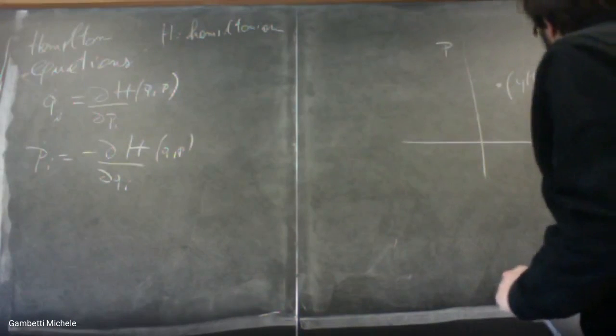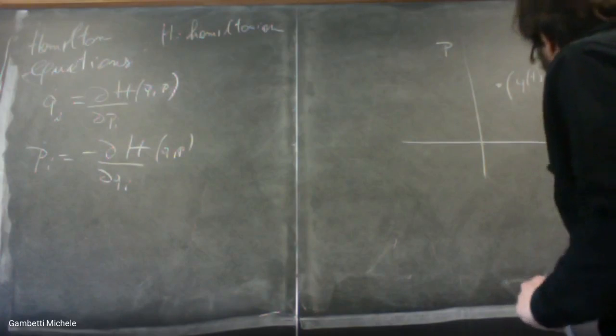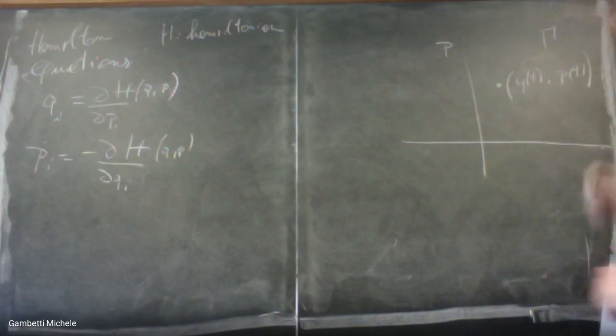Okay, and what does the Hamiltonian evolution do? How do we see what the Hamiltonian evolution does to the system?